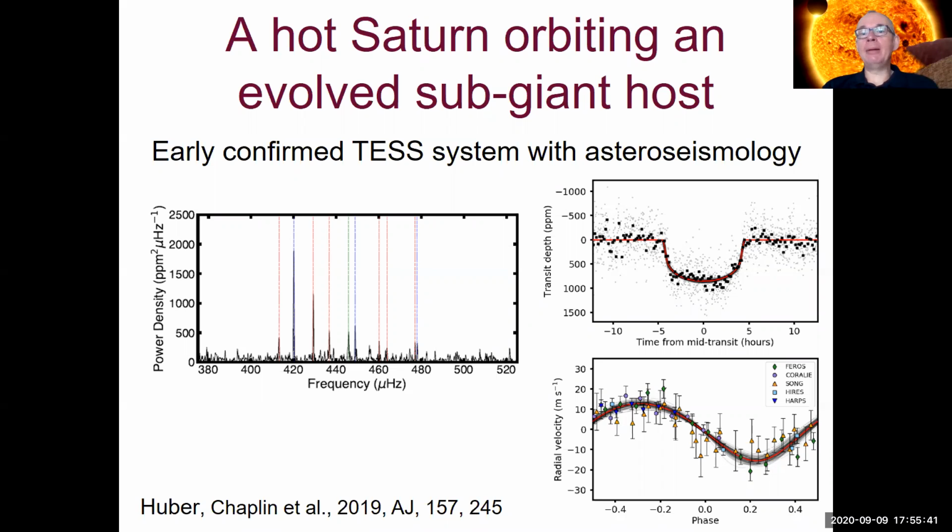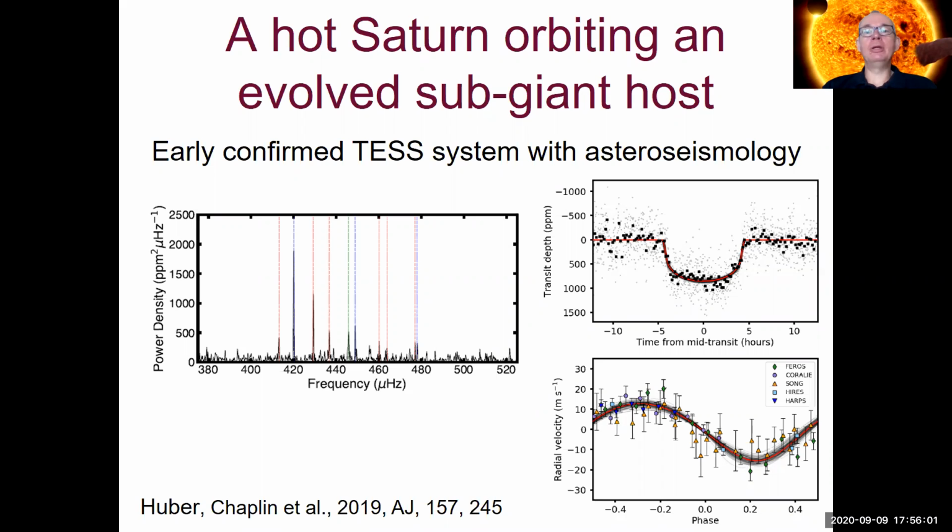With this star, with ground-based telescopes, we were also able to detect the presence of the planet from it pulling or tugging on the star, giving rise to variations in the velocity of the star. And that gives rise to this radial velocity curve or Doppler wobble signal on the bottom right-hand side.